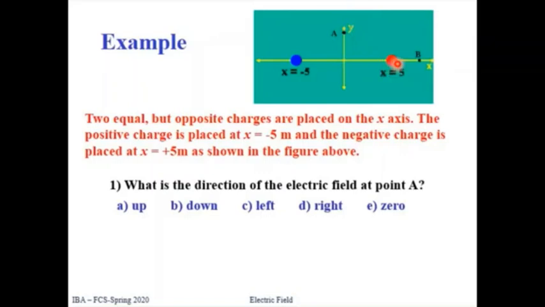Similarly, a negative charge is a sink charge, and the lines of force move into the negative charge in any case. So the direction of the electric field at this point is somewhere from this point to that point. The answer would be right.